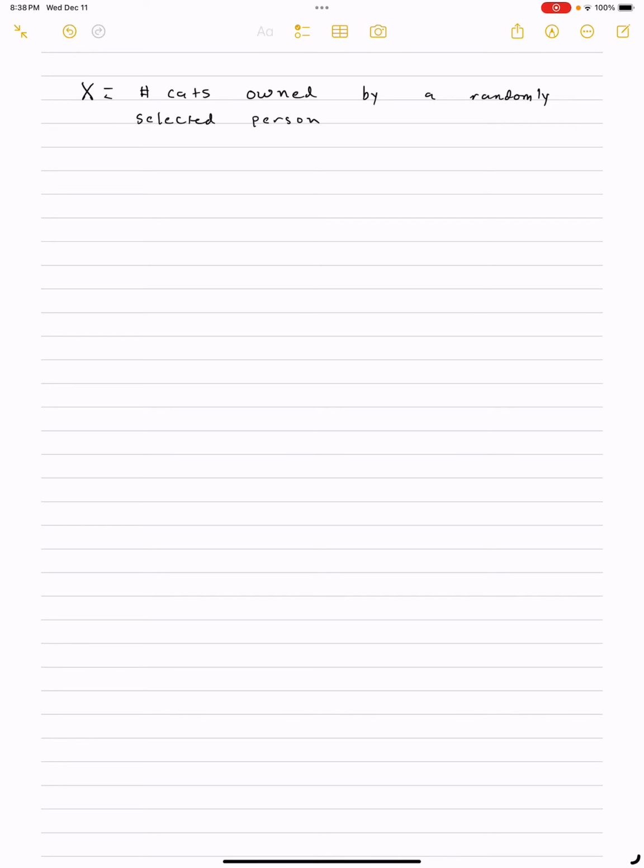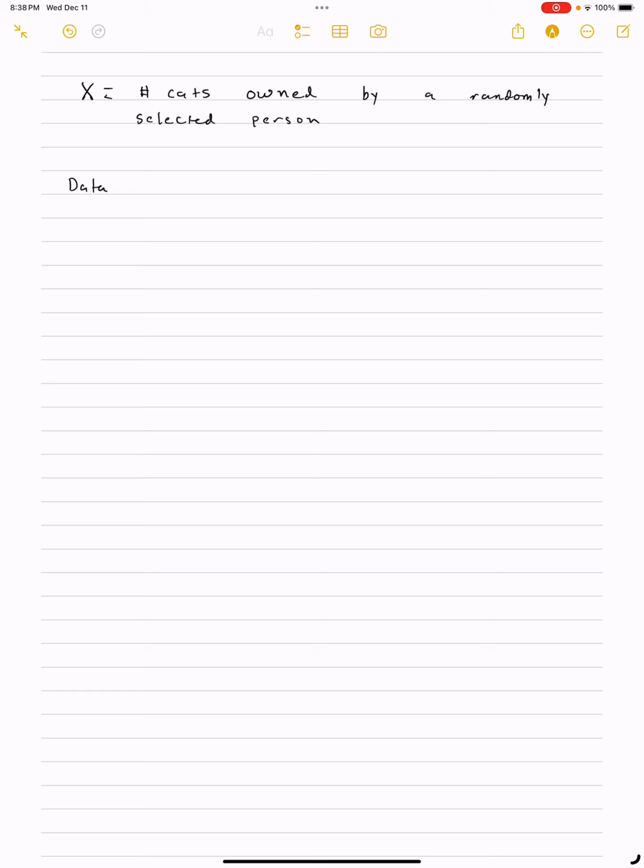Today we're going to be talking about discrete random variables. For example, a random variable we could consider that is discrete because the outcomes are 0, 1, 2, 3, etc. They're the integers, are the number of cats owned by a randomly selected person.